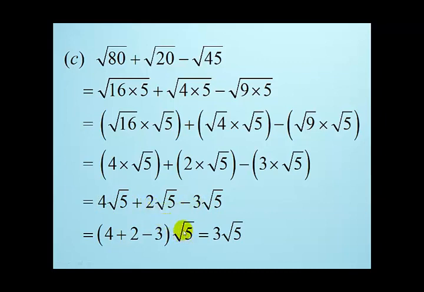That is because they carry the same surd, root 5. You can factor root 5 out, and in brackets we have 4 plus 2 minus 3. Now 4 plus 2 equals 6, and 6 minus 3 equals 3. So we have 3 root 5.